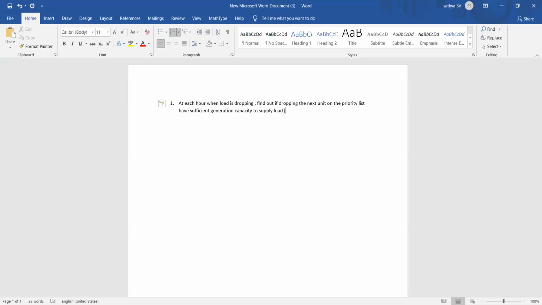Plus we need to maintain the spinning reserve as per the requirement.